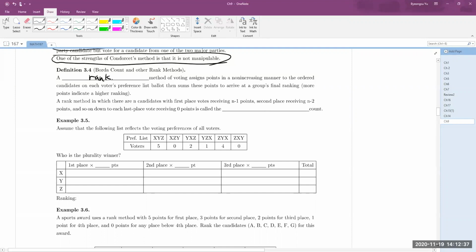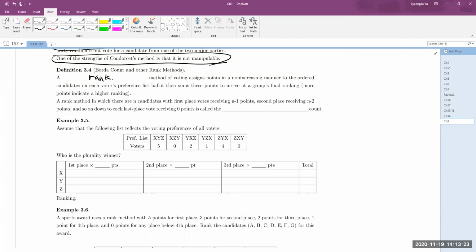It's like basketball: if you shoot inside the 3-point line, you get 2 points, but if you shoot from outside the 3-point line, you get 3 points. Likewise, you can give preferred candidates 3 or 4 points, and other candidates 1 or 2 points. So you can rank each candidate using your own points. That's the rank method of voting.